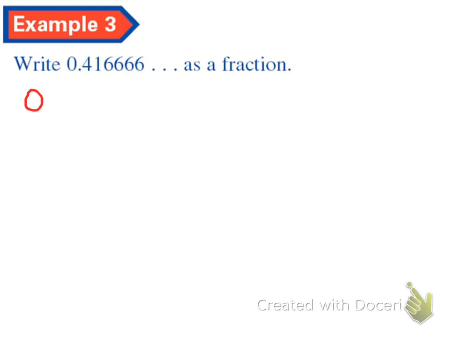So this time we would have the 0.041. We need to remove the part that's not repeating. Okay, so separate that. Now, because I had two digits behind the decimal, I've got to have 2 zeros for that 0.41, and then before I get to my first digit that was repeating.